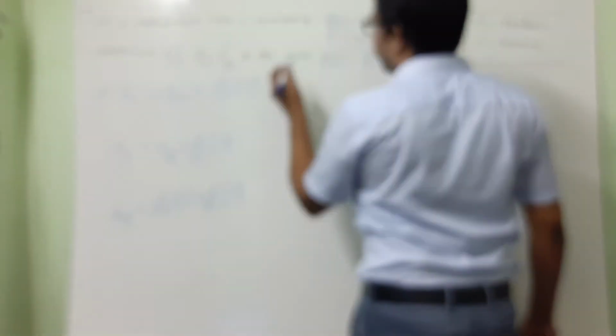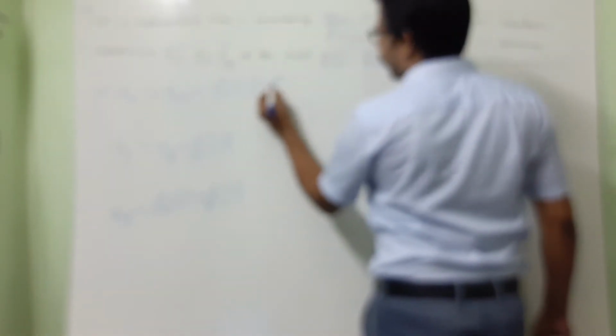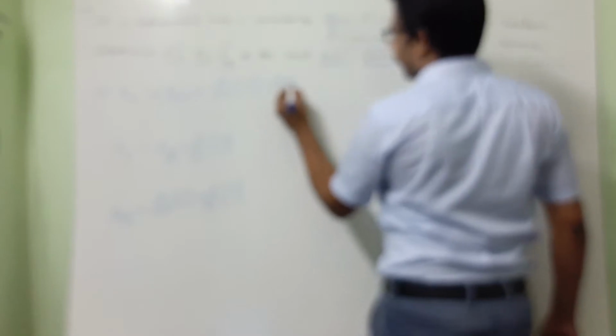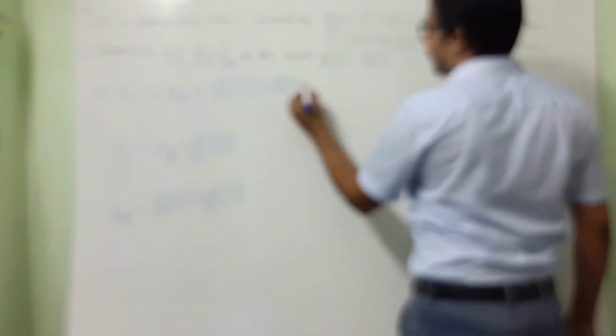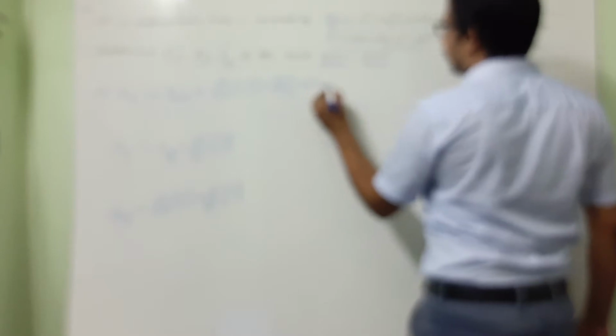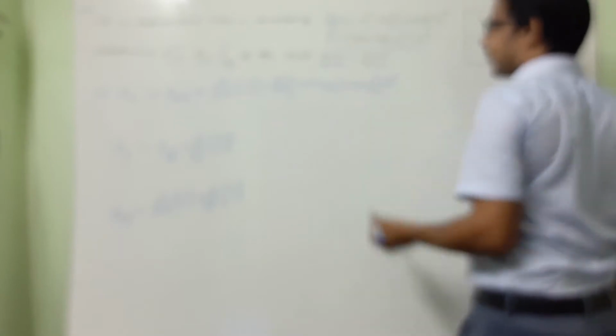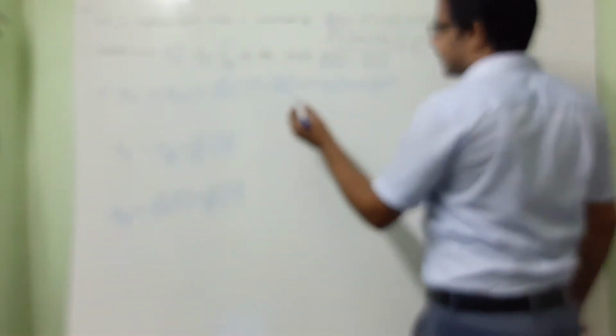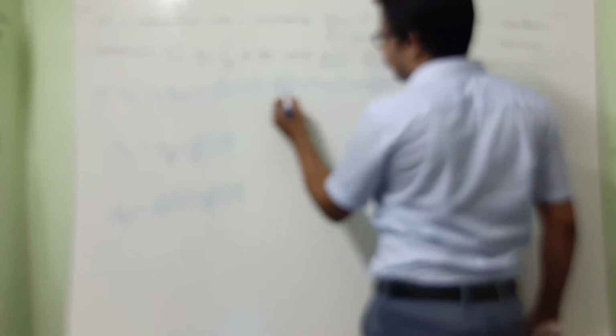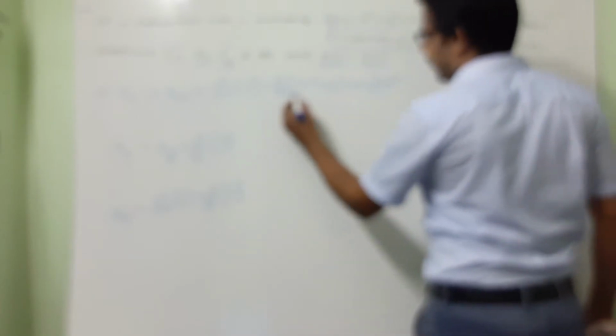So we need to substitute the u value. What is the u value? So here dou by dou x into u value: minus x square plus 2y square plus 6xy into 10 power minus 4. So here the partial derivative with respect to x. Minus x square and plus 6xy.